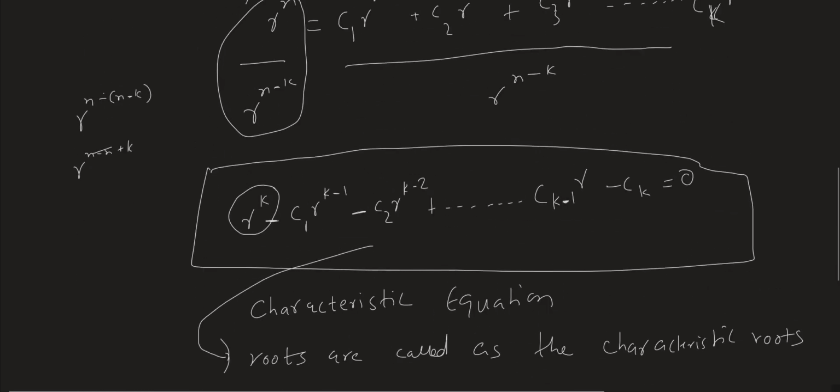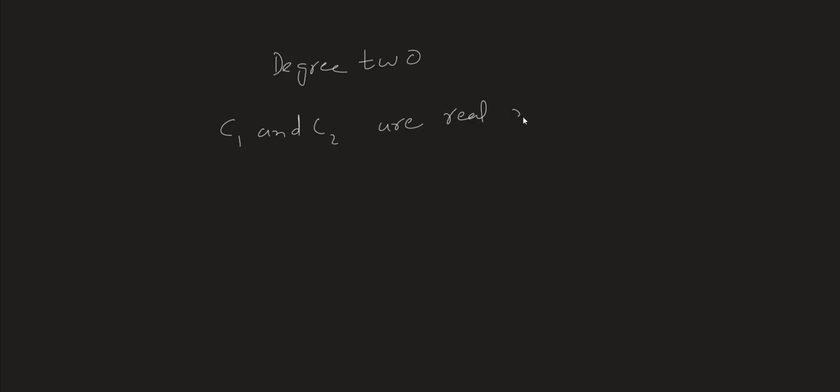Now, let's say we have a linear homogeneous recurrence relation of degree 2, and let's say c1 and c2 are real numbers, and this is the characteristic equation.